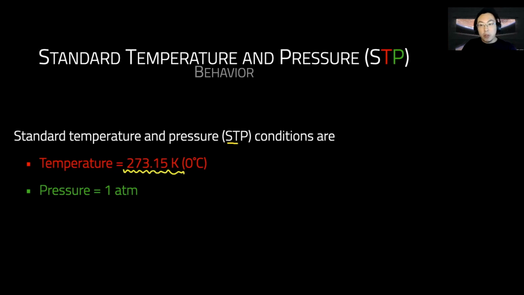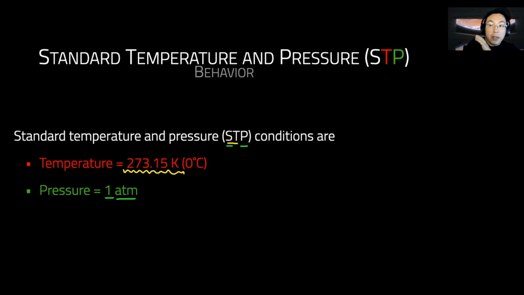This number, which is the conversion factor that we use to change from Celsius to Kelvin, is the one that you will be using every time a standard temperature is mentioned in any problem, right? Likewise, if you're given standard pressure, then the pressure that you will be using is 1 atmosphere, right? Or 1 ATM.